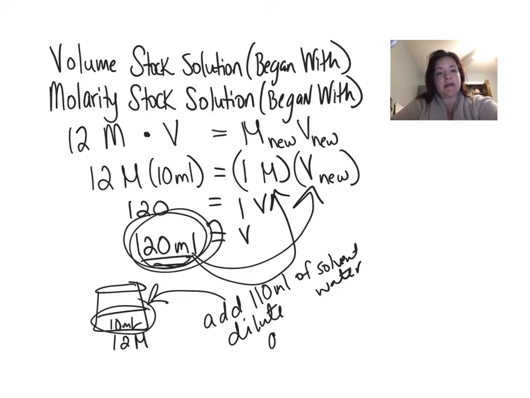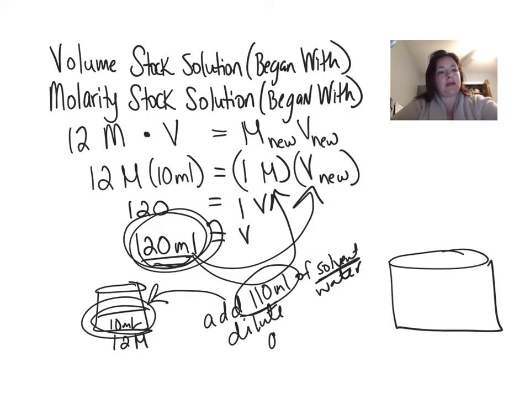I've already got 10 milliliters of the very strong solution. So I add 110 milliliters of solvent so that when I'm done, my ending beaker is 120 milliliters of solution, and that new solution will now have a molarity of 1.